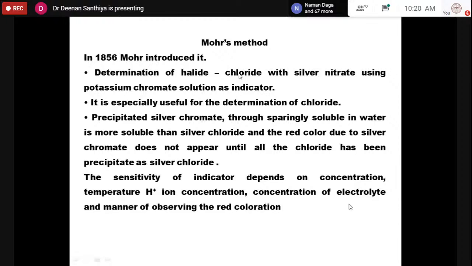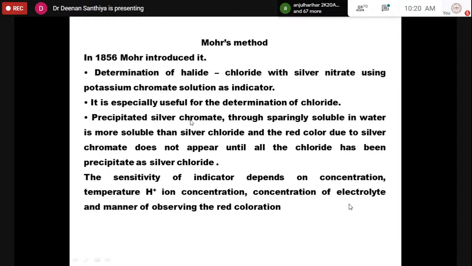This is especially for chloride with silver nitrate, using potassium chromate solution as the indicator. Here the indicator is potassium chromate. It is especially useful for the determination of chloride.